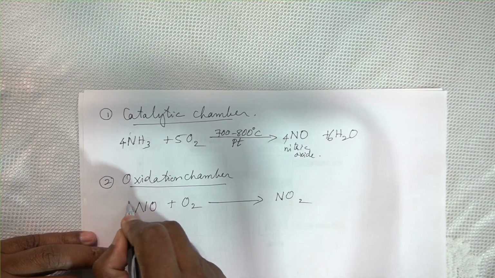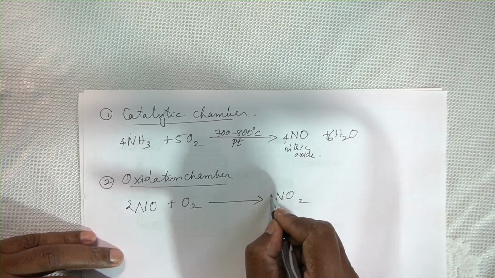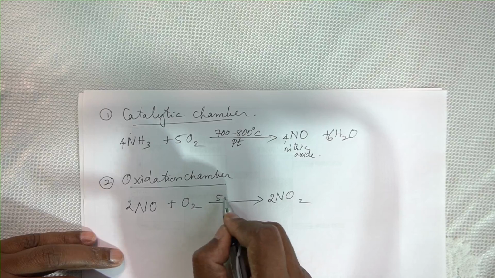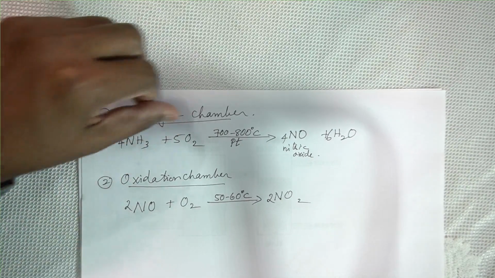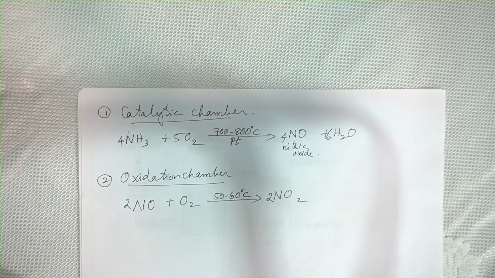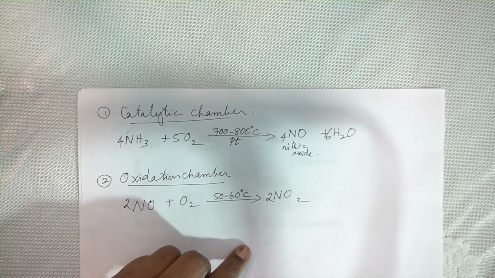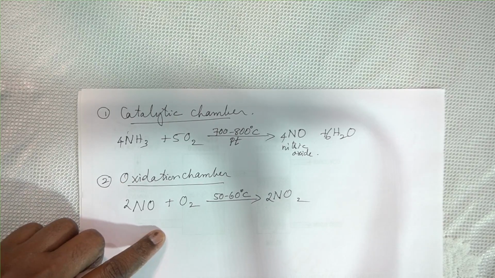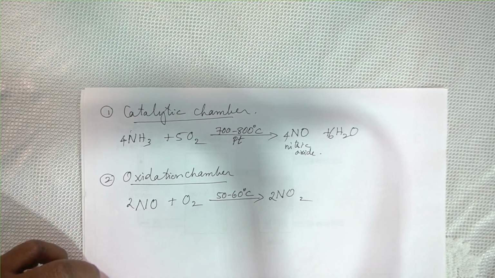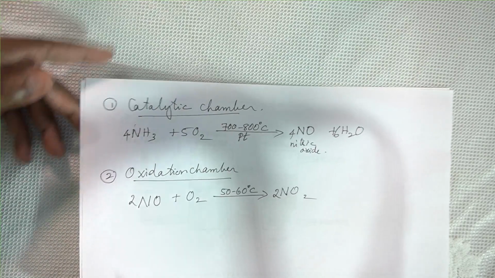Balancing: 2NO plus O2 gives 2NO2. The temperature here is 50 to 60 degrees Celsius. In the first chamber the temperature is very high, and at high temperature nitric oxide does not combine with oxygen. It combines with oxygen at low temperature, that is 50 to 60 degrees Celsius. That is why we have NO2 here.